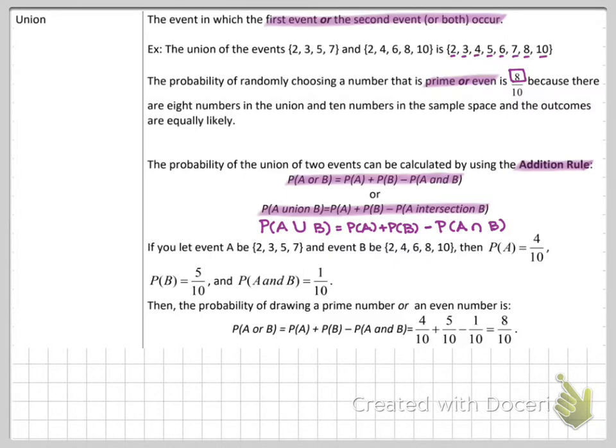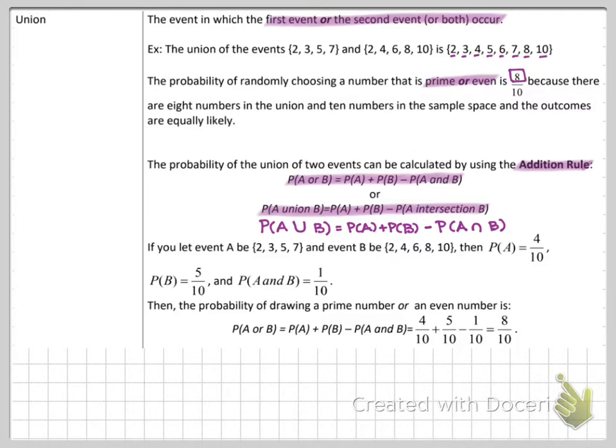Okay, so then if we take a look at the event A, which we know was the prime numbers, and B was the even numbers, then the probability of A is 4 out of 10 because there are 4 entries in list A, and we had 10 total in our sample space. Probability of event B, there's 5 numbers total in that list out of 10 numbers in the entire sample space. And then the probability of A and B is going to be 1/10.